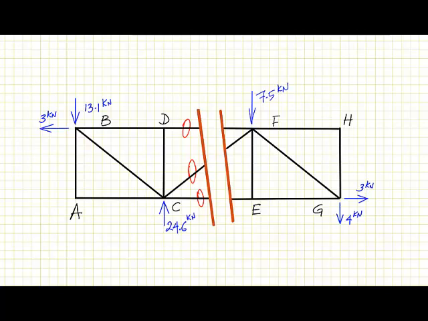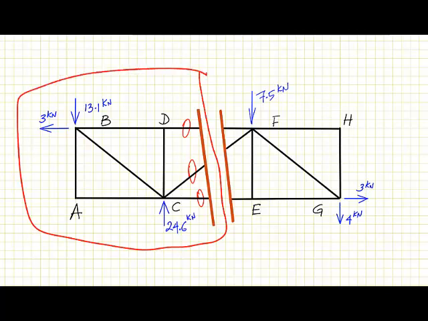So in this case, if you look at this part and count the number of forces we have, we have 1, 2, and 3. And if we look at the right hand side, you have the same number of forces, 1, 2, 3, so it doesn't matter, either will do. So we'll choose one of them for our calculation.